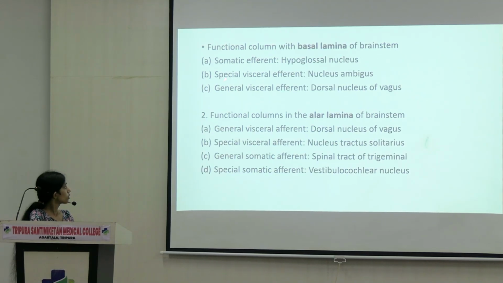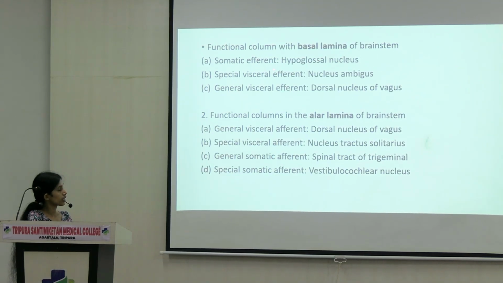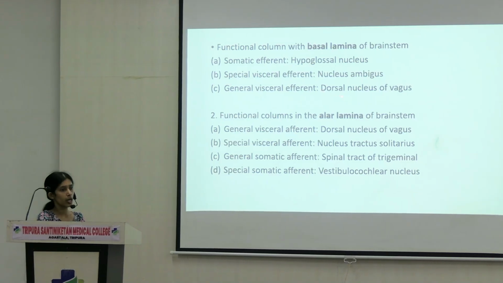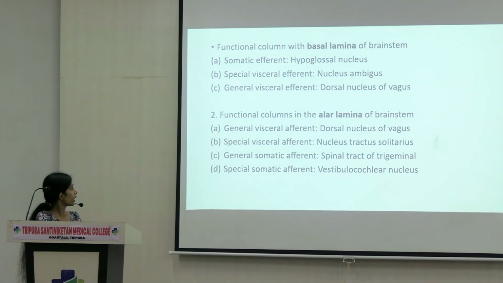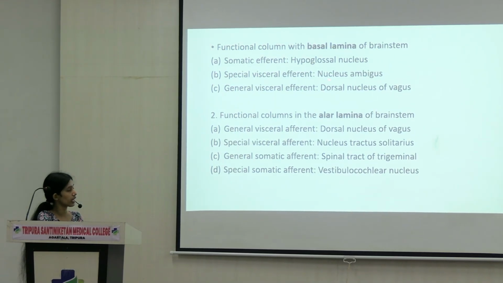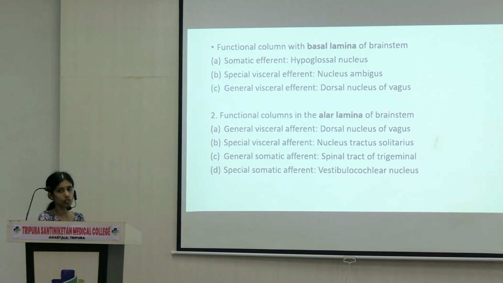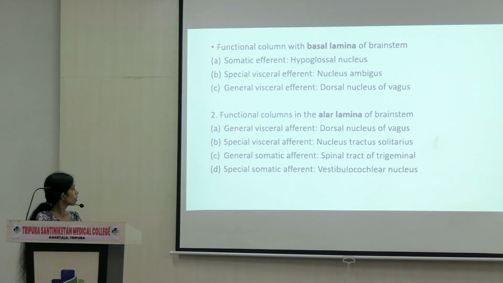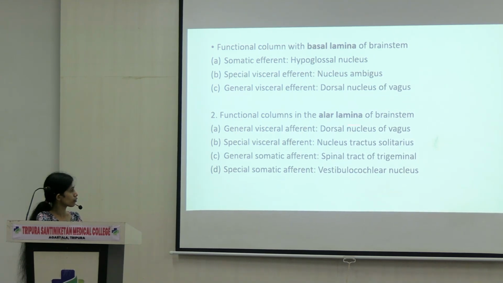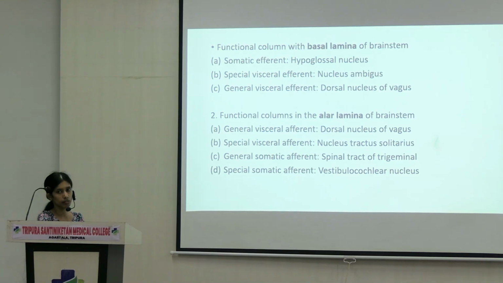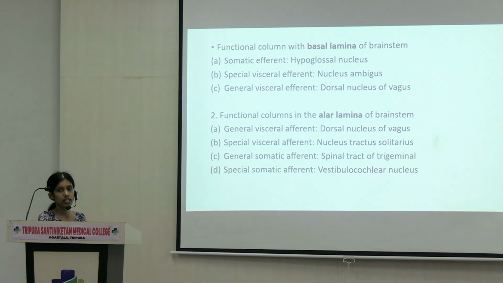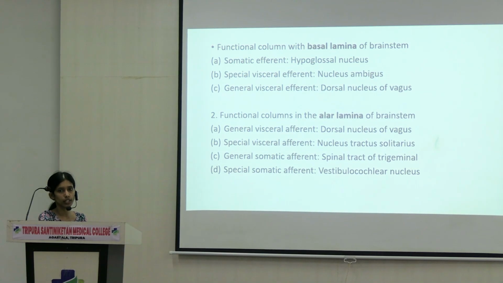Next. Your somatic efferent contains your hypoglossal nucleus and your special visceral efferent contains a nucleus called the nucleus ambiguus. Your general visceral efferent contains the dorsal nucleus of your vagus. And also your general visceral efferent, because they are both similar in function, they innervate your skin, muscle and also the tendon region.